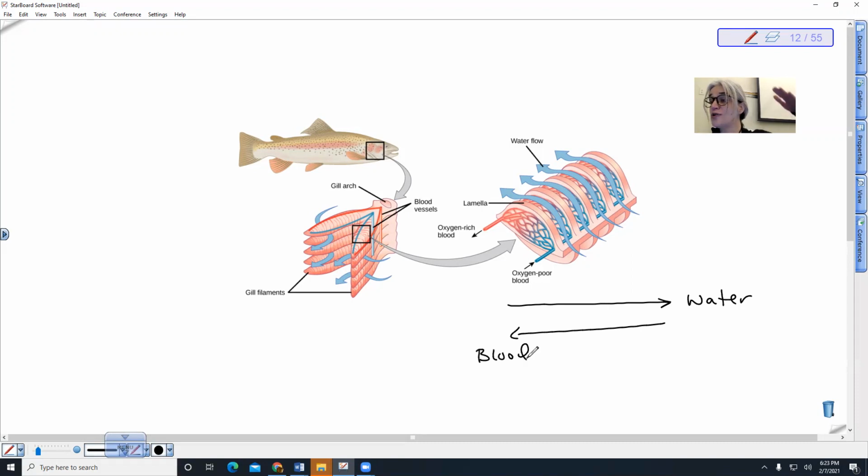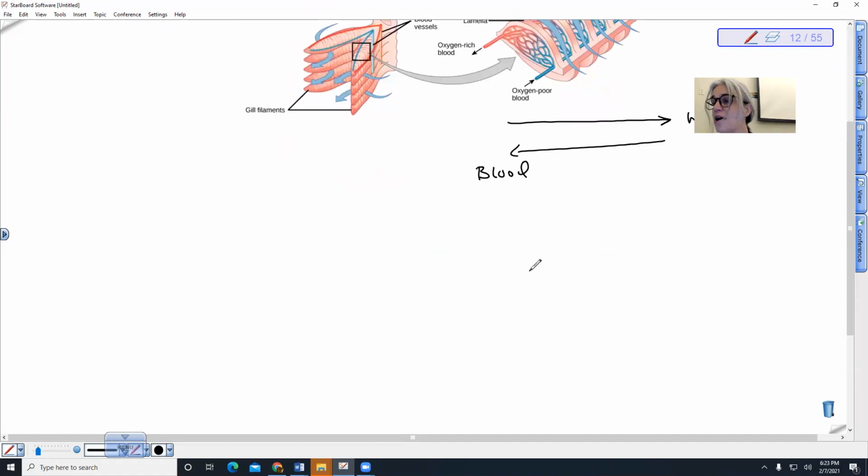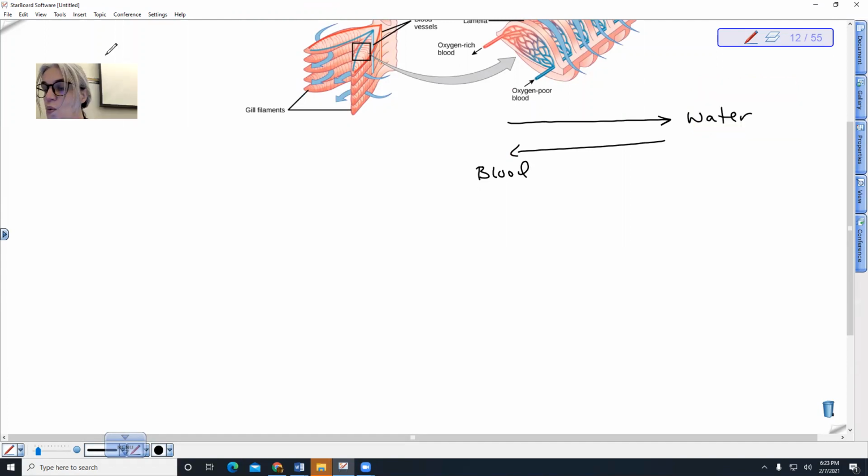So this is countercurrent. If it was concurrent, then water and blood would flow in the same direction. So this is versus this.